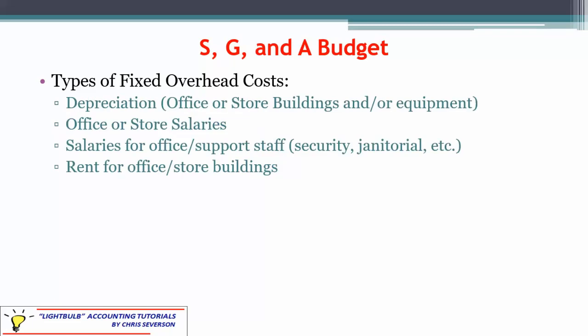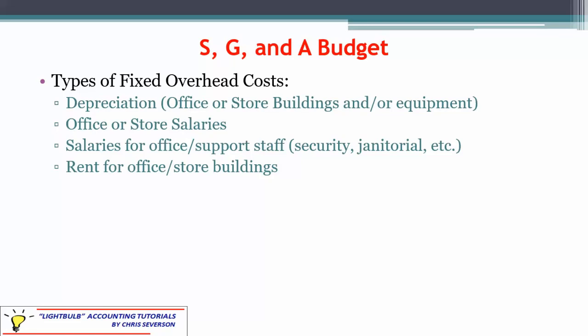Now the types of fixed overhead budgets are slightly different here. We still have depreciation, we still have salaries for various staff members, we have rent. But the big difference is the keywords. They're not going to be factory, manufacturing, or product. Those are for manufacturing overhead. The keywords here are office, store, administrative, anything like that.